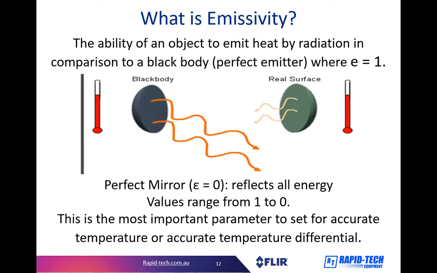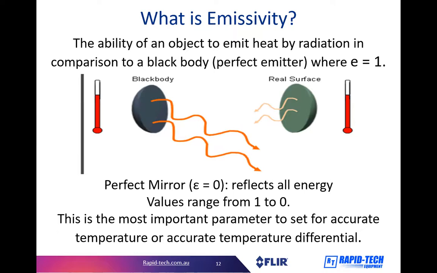Okay, so opposite to a perfect emitter or a black body is a perfect mirror. So what that means, it reflects all its infrared energy. And now that has an emissivity of 0. So emissivity is a number between 0 and 1.